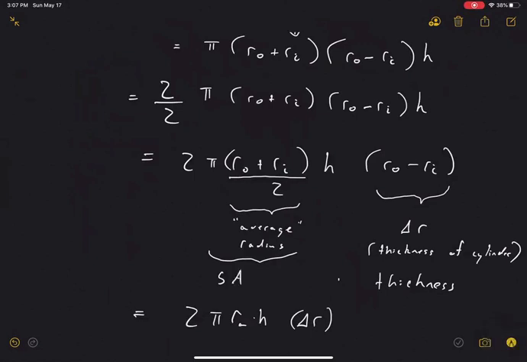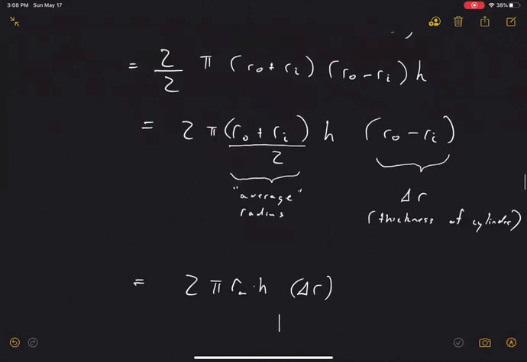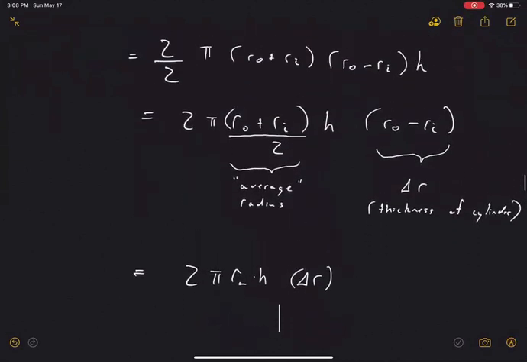So that's how I think about this. All right. So let's just rewrite this RO minus RI as delta R. Okay, so maybe now it's starting to look familiar as the precursor to an integral.